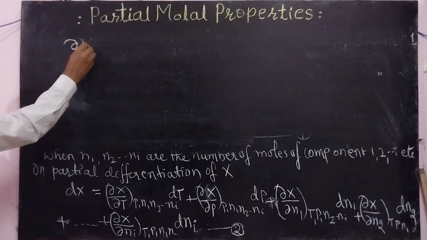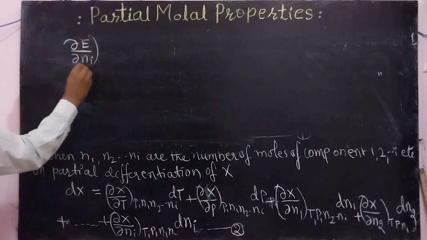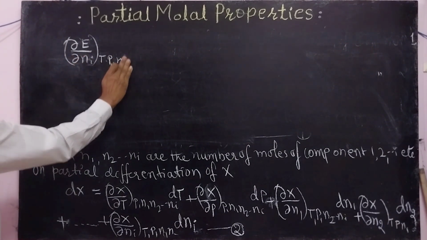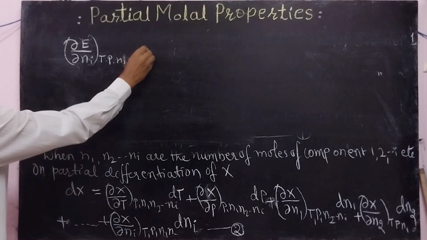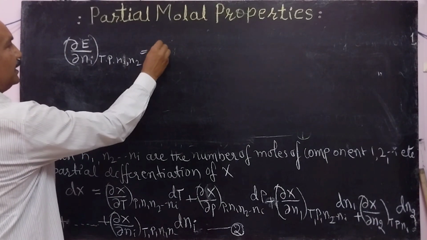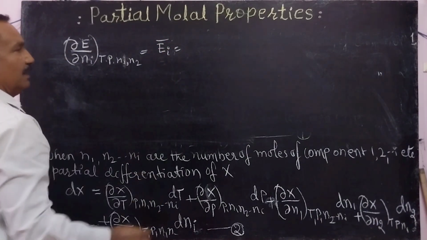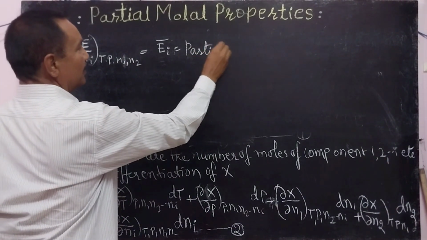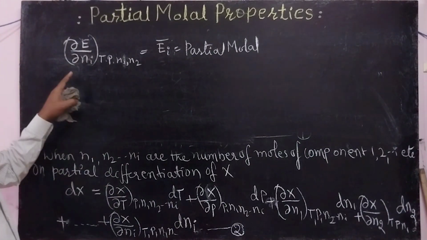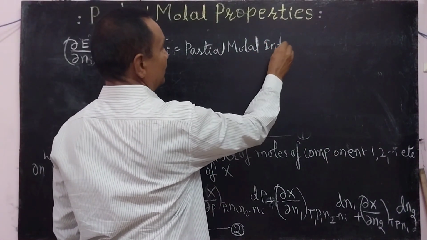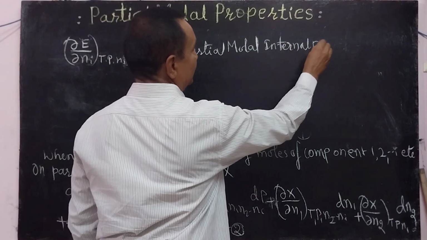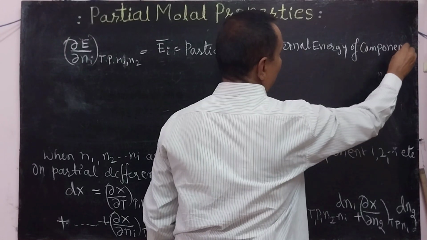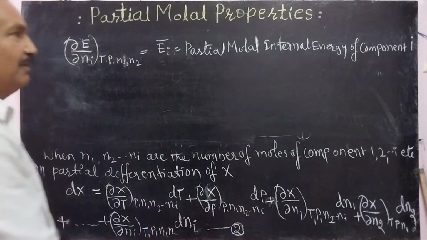Then we may write dou E divided by dou Ni at constant temperature, pressure, N1, N2, etc. This is represented as Ei bar, the partial molar internal energy of component i.